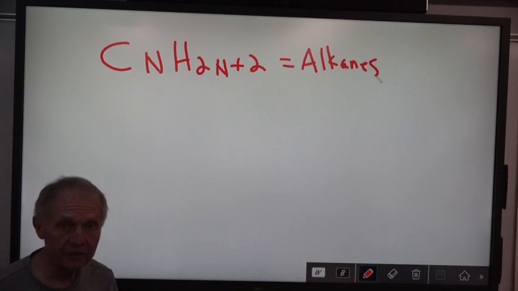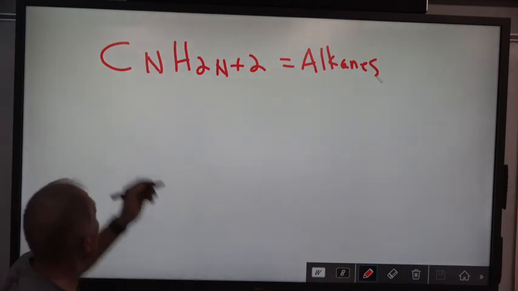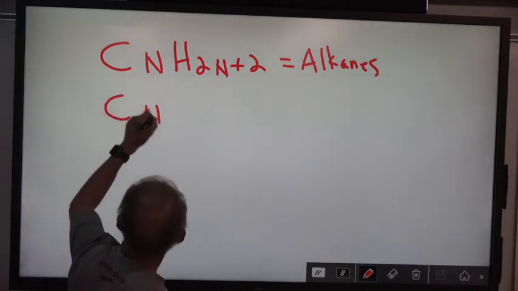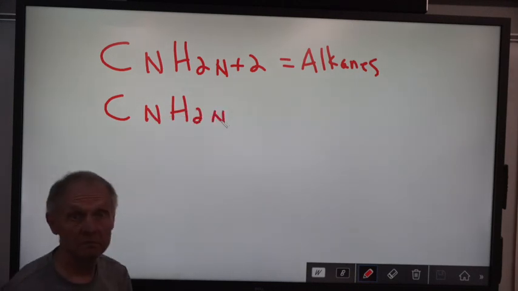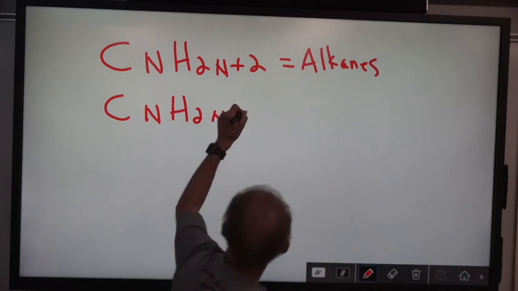For the alkenes, you just double it. So it's CnH2n. That's all. That's an easy one. So that equals the alkenes.